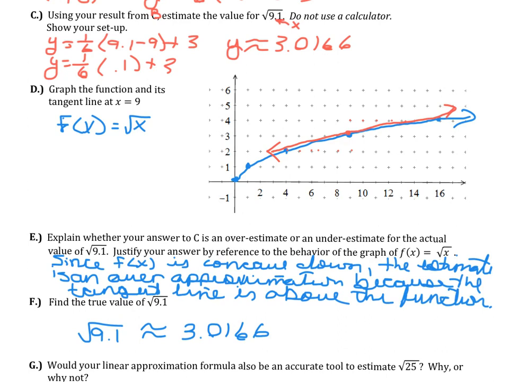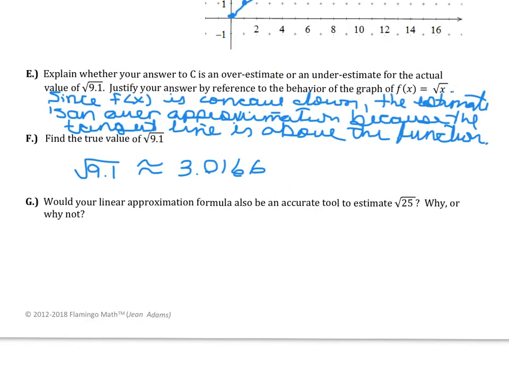Okay, now it says, would your linear approximation formula also be an accurate tool to estimate the square root of 25? Why or why not? Well, if you think about it, no, of course it's not going to be a good one because the square root of 25 is way too far away from our 9.